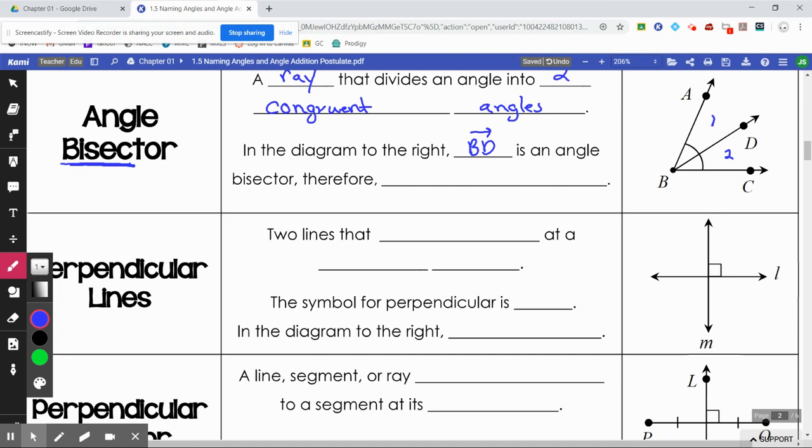So therefore, we would know that angle ABD, follow the letters, would have to be congruent to angle DBC. Why? Because BD cut it into two congruent parts.